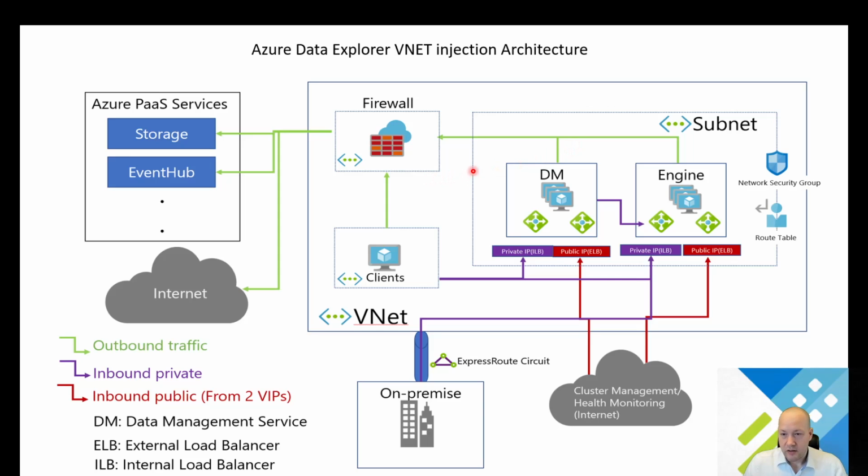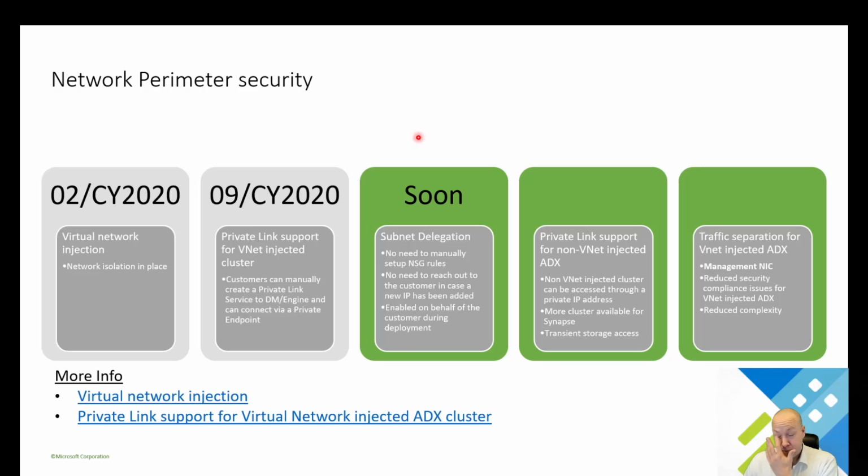Let's take a look on what we're going to do next. So we are looking forward to having pretty soon a new feature which is called subnet delegation. All of the tedious work that I've shown you before for enabling our access, we will automate using subnet delegation.